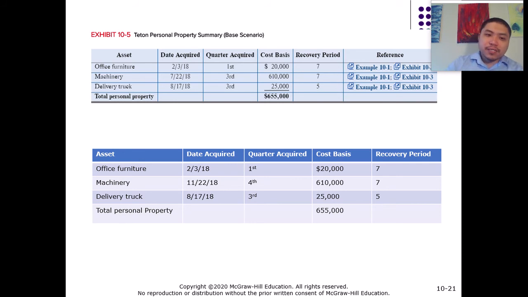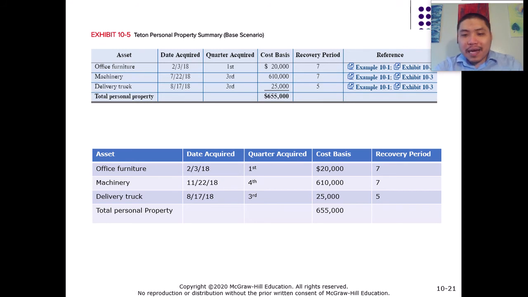But let's look at the second scenario. Same types of assets, same cost basis, but now the machinery is acquired on November 22nd, which is in the fourth quarter, and its cost basis is $10,000. So now, obviously, $610,000 divided by $655,000 is way more than 40%, right?